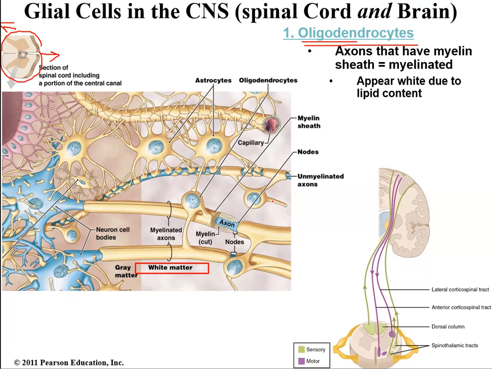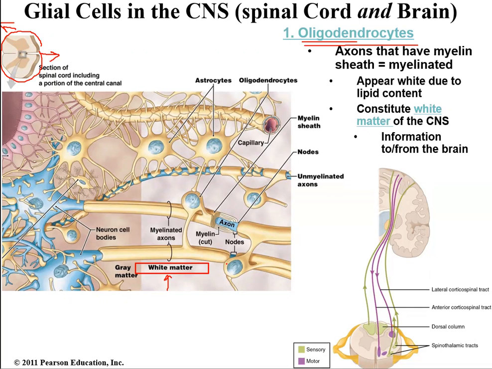And that's a great insulating material. And so when you put hundreds, thousands, millions of these things together, all covered by this white myelin sheath, the tissue itself looks white to the naked eye. And so areas of the central nervous system with lots of myelinated axons, we call that white matter.